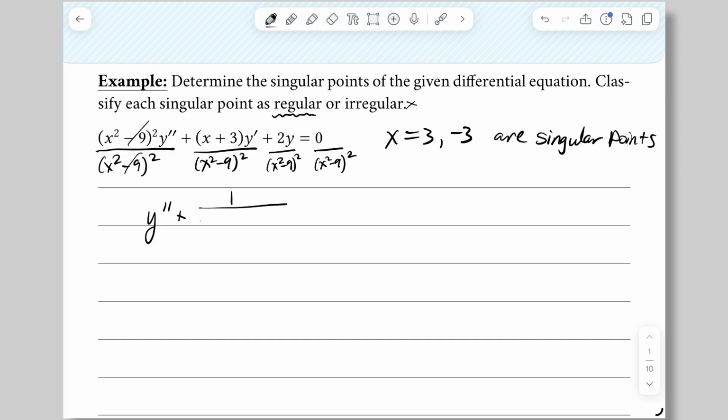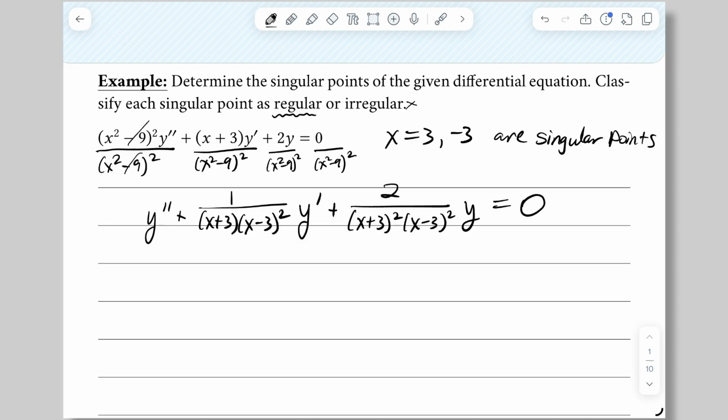And we're left with 1 over (x plus 3)(x minus 3) squared, having factored the x squared minus 9 appropriately. That's times y prime. Plus 2 over, and I'll write this one down as (x plus 3) squared times (x minus 3) squared, y, is equal to 0.